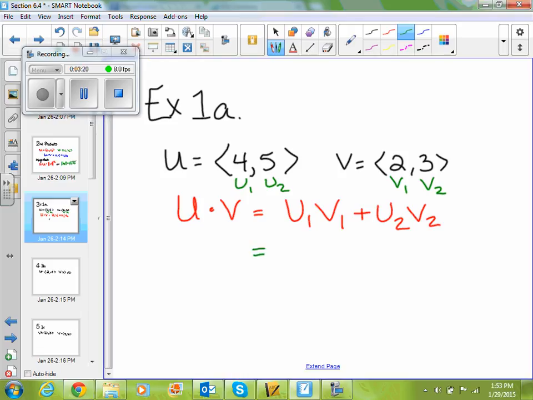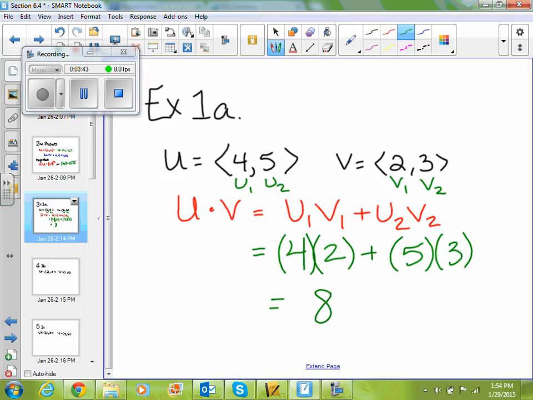So if I plug in, my u1 is 4, my v1 is 2, my u2 is 5, and my v2 is 3. Alright, 4 times 2 gives me 8, 5 times 3 gives me 15, and 8 plus 15 gives me 23. So my dot product would be 23.